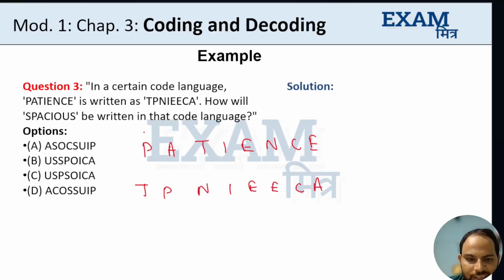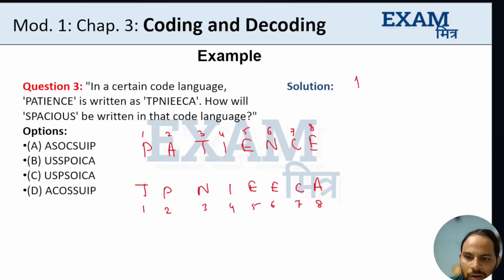Let's write the position of P as 1, A as 2, T as 3, I as 4, E as 5, N as 6, C as 7, and E as 8. And here also let's write 1, 2, 3, 4, 5, 6, 7, 8.